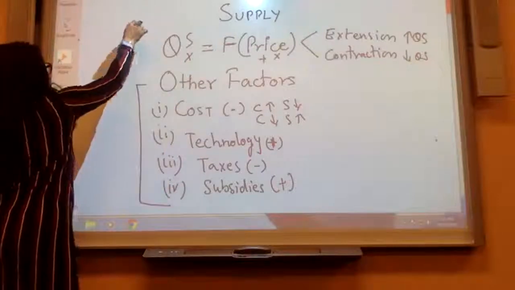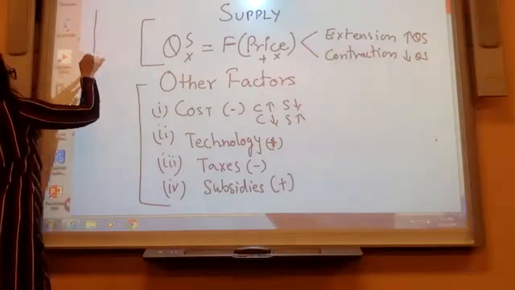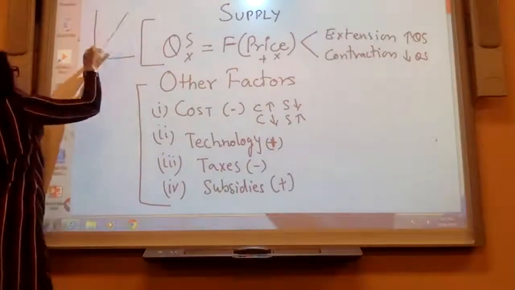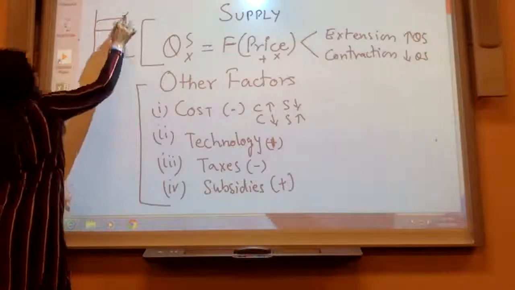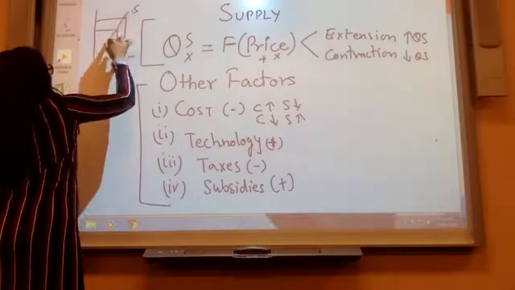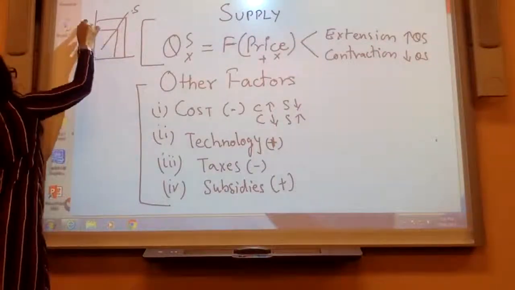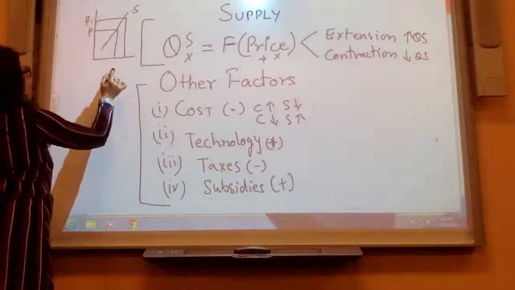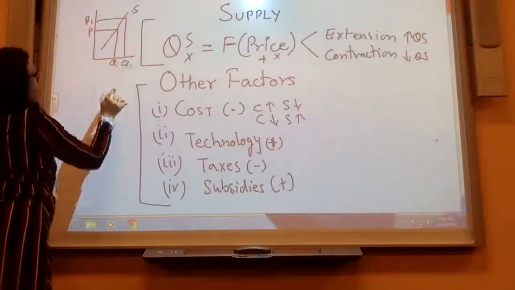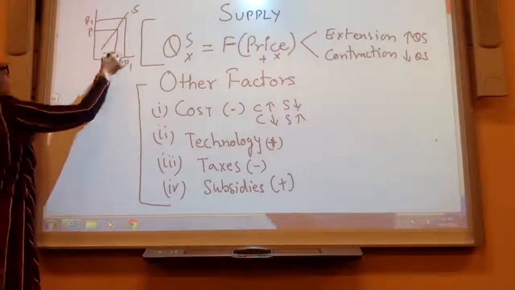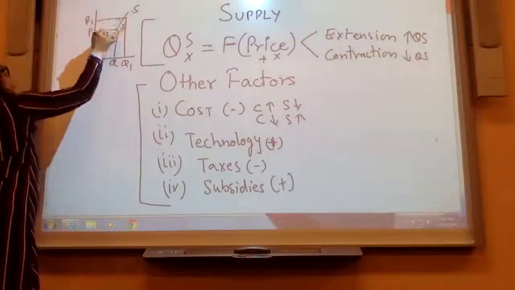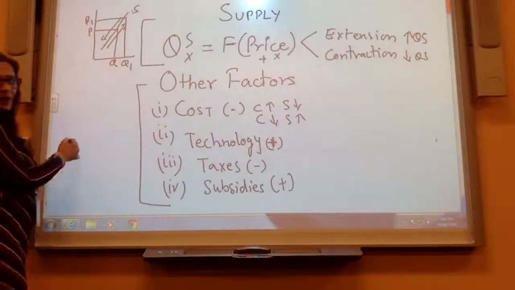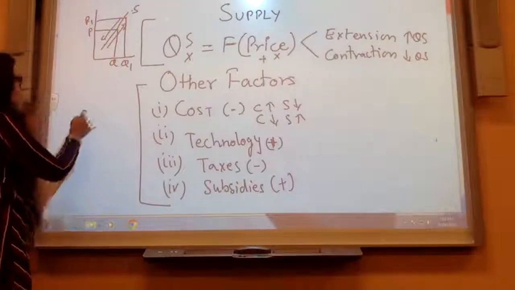Now, how are these depicted on a diagram? If you remember, when we talked of extension and contraction, it was just a movement along the curve. If the price went up, you would want to supply more, and if the price went down, you would supply less. That was extension or contraction, a movement along the curve, I repeat.